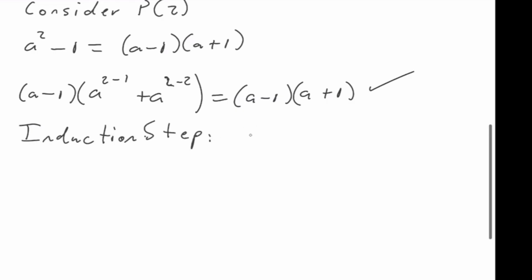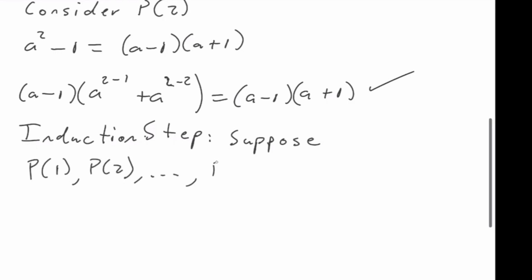So for the induction step, for complete induction, we're going to assume all of them are true up to the kth term, right? And then try to prove the k plus 1 term. So we're going to suppose P of 1 is true, P of 2, all the way to, let's do P of k minus 1 and P of k are all true.